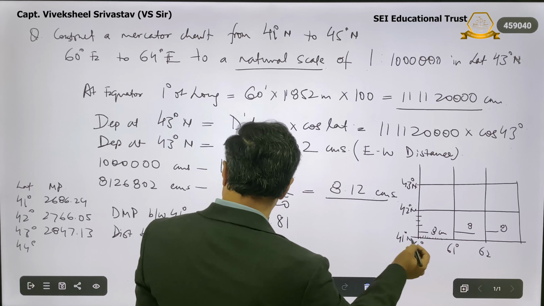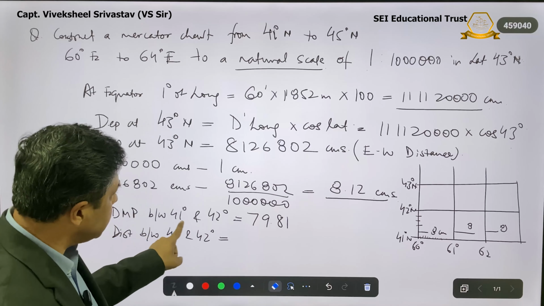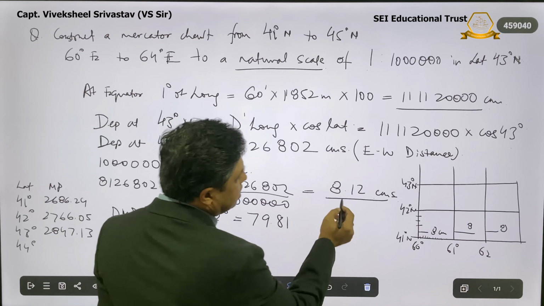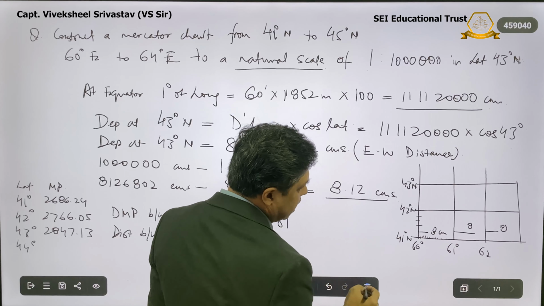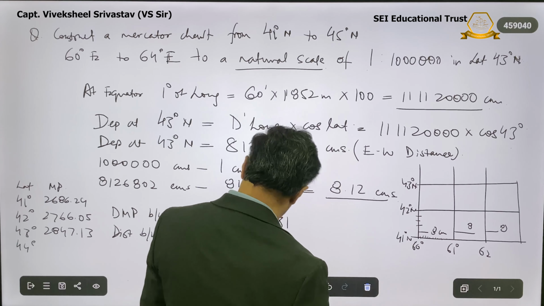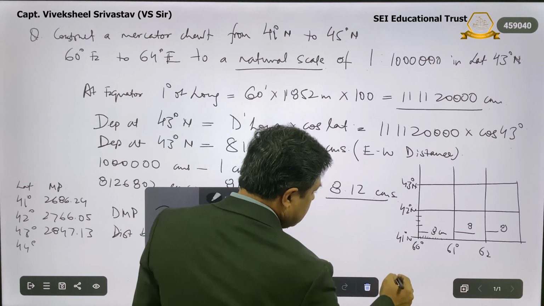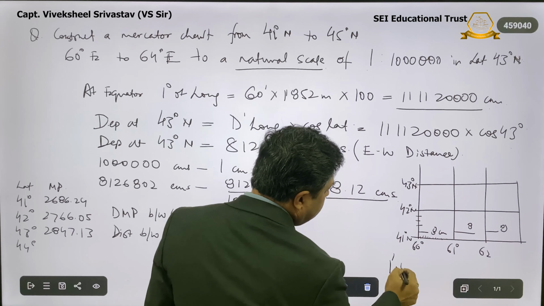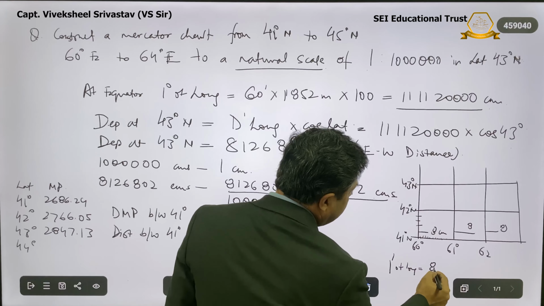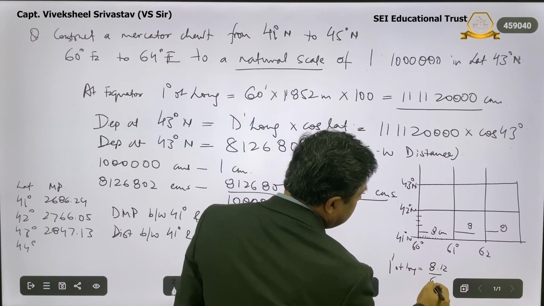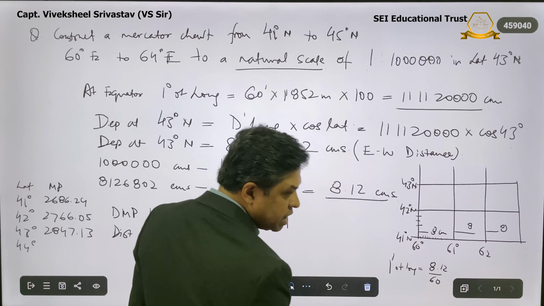So according to our calculation, 1 degree of D long is 8.12 centimeters. So 1 minute of longitude will be how much? It will be 8.12 divided into 60 parts.